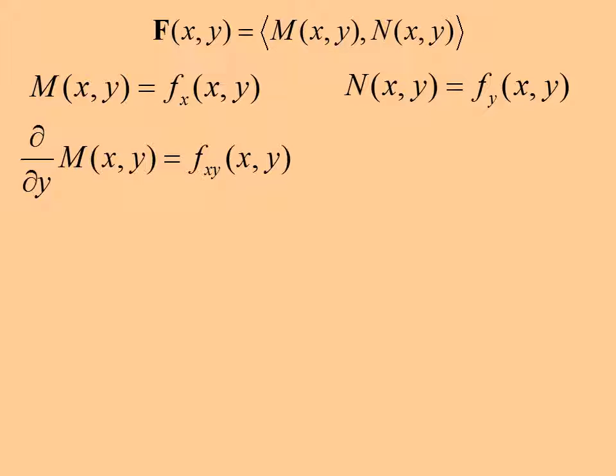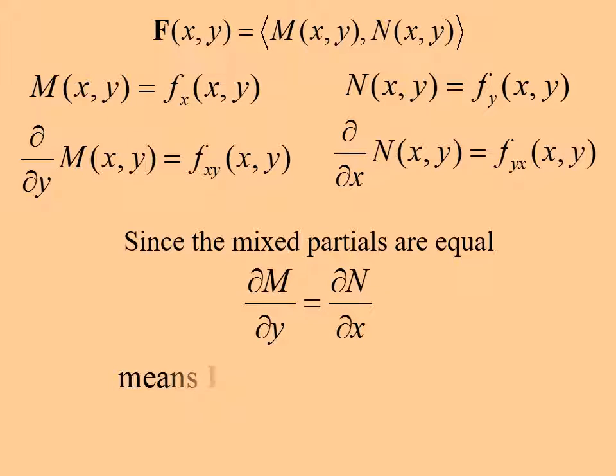If we take the derivative of the N component with respect to x, we get the mixed partial f_yx, and we know from earlier that the mixed partials have to be equal. So this is our test for a conservative vector field. Does the partial derivative of the first component with respect to y equal the partial derivative of the second component with respect to x?